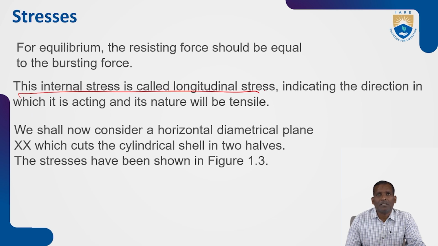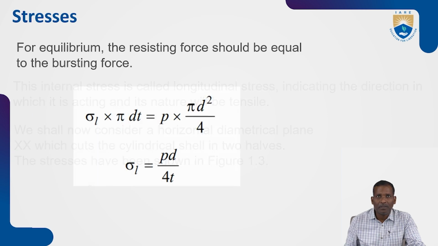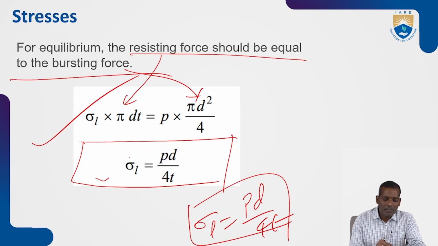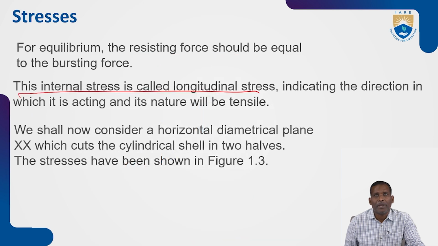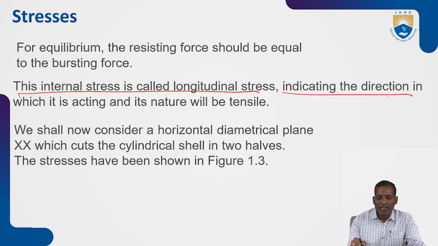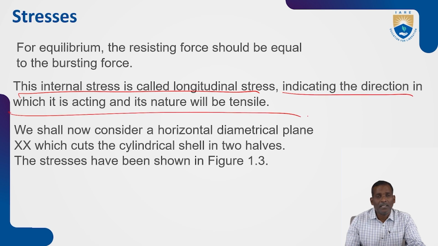For equilibrium the resisting force should equal the bursting force, and we got the longitudinal stress P D by 4 T, indicating the direction in which it acts, and its nature will be tensile.